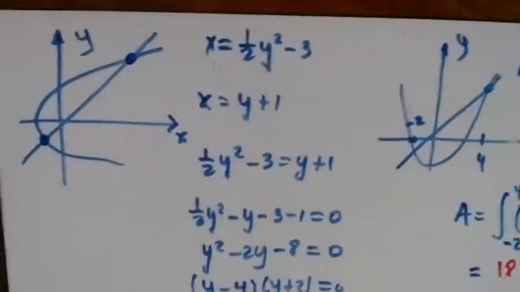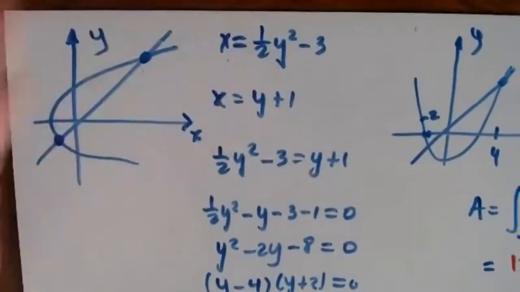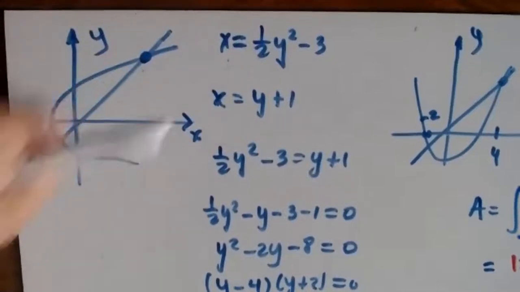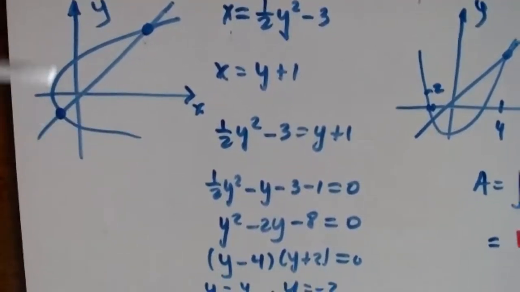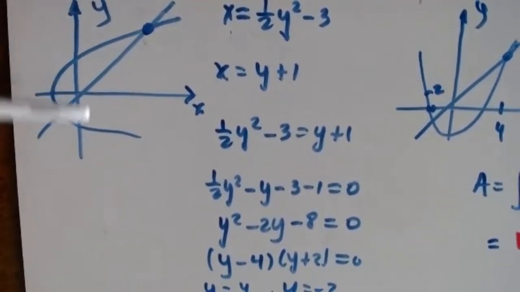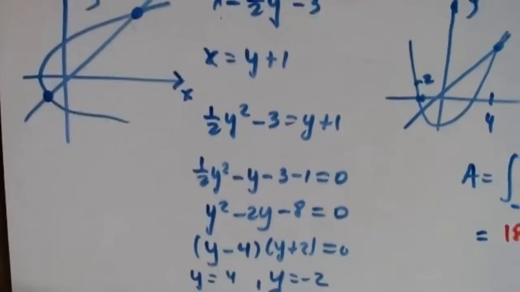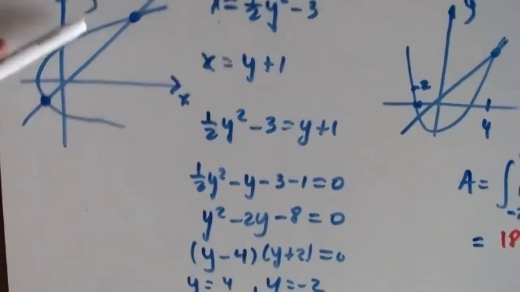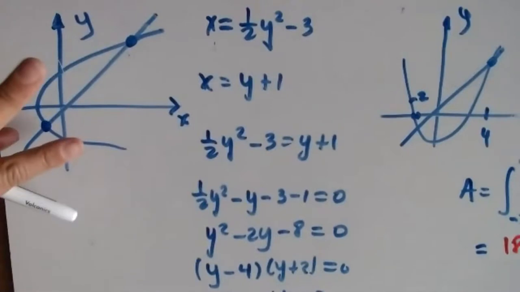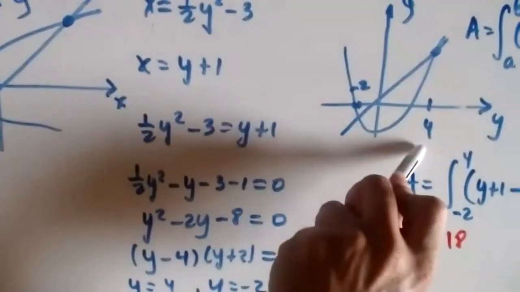Again, summarizing: if you have x as a function of y, so you have horizontal functions like this one that are not really functions, you proceed the same. You find the intersections. In this case, you make the y's equal and solve for y. Once you find -2 and 4, you mentally flip this and integrate from -2 to 4.